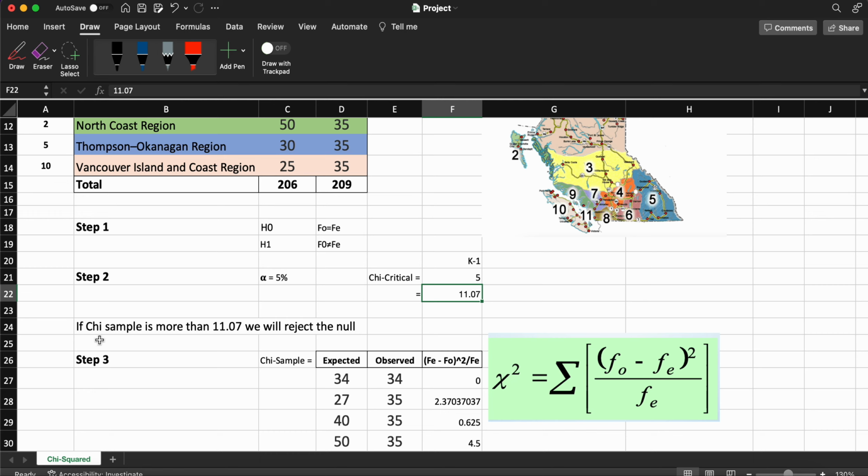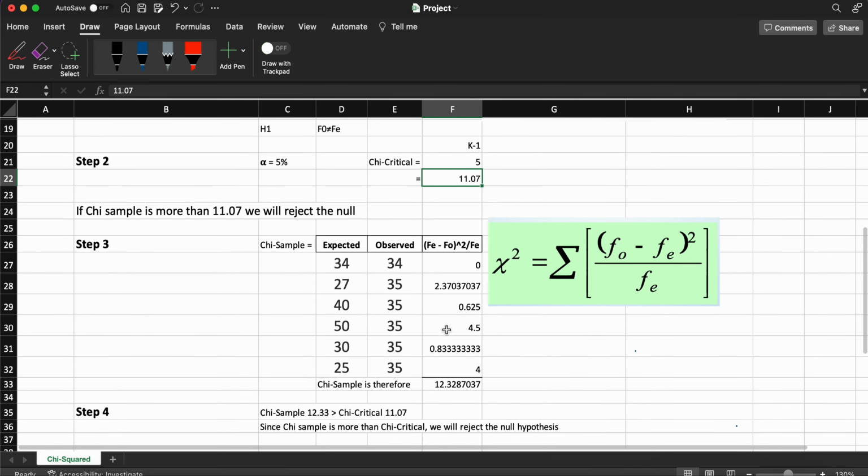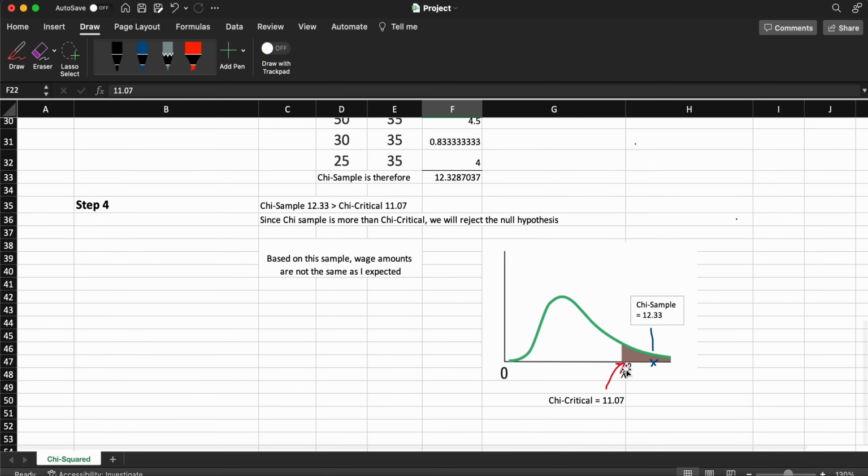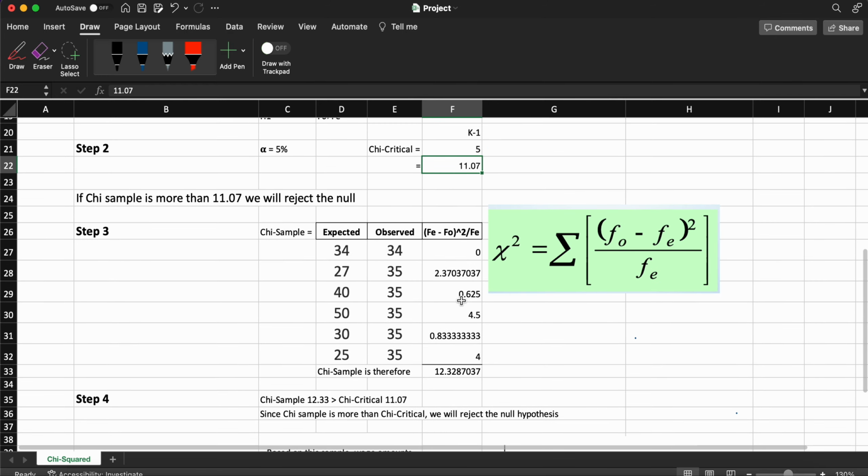And so if the chi sample is more than 11.07, we will reject the null, which makes sense because if you go down to the table here, the chi-critical value is 11.07, then anything above 11.07 would be in the rejection region here, and therefore you would reject the null hypothesis.